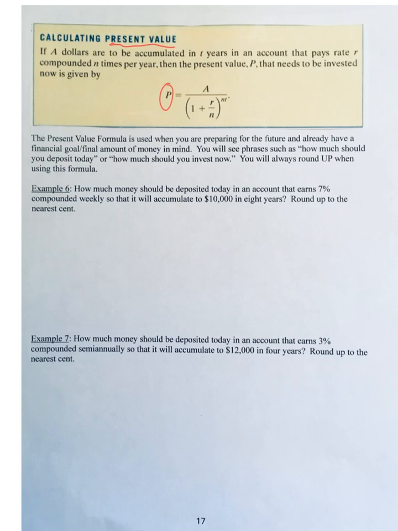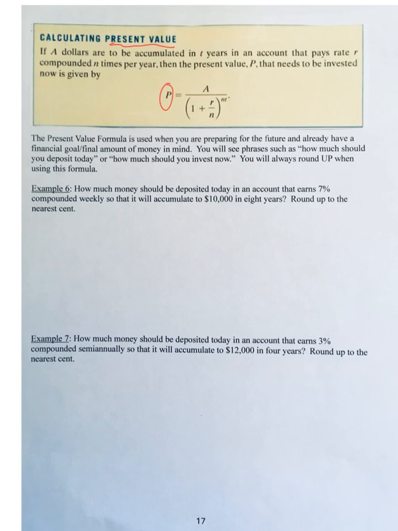So you might be going, okay, well, I'm going to see the word compounded again. How do I know to implement this version of the compound interest formula versus just the regular compound interest formula? Well, you're going to know because A, you'll already have a financial goal in mind that you want to obtain. Like they're going to say, you want $10,000 at the end of this, or you want $20,000.